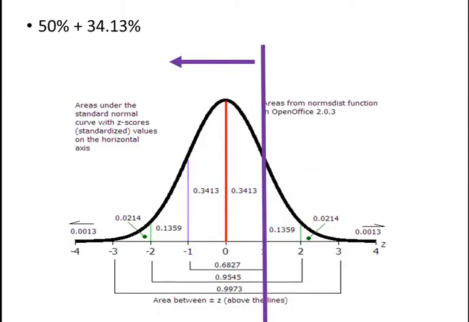If you remember episode 5, where we looked at the properties of the normal distribution, this picture would be helpful for you. Normal distribution is symmetric around the mean, meaning that 50% of observations are to the left and 50% are to the right from Z equals 0, which is our mean.